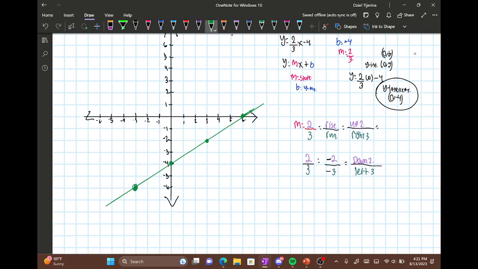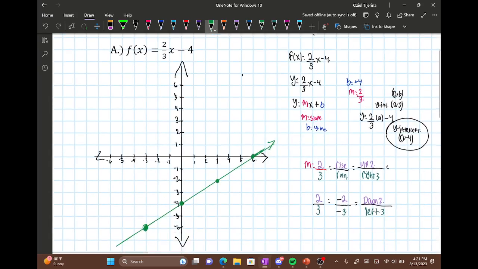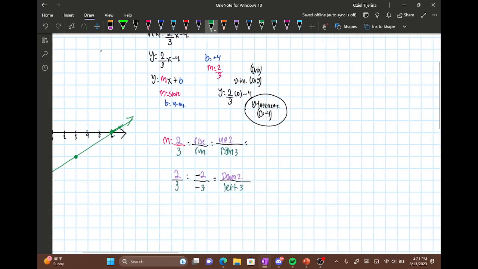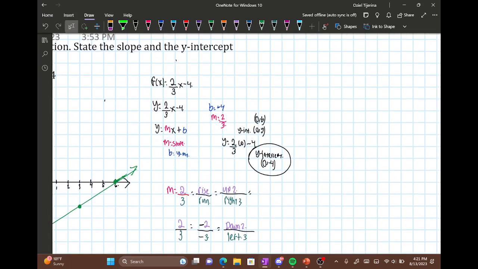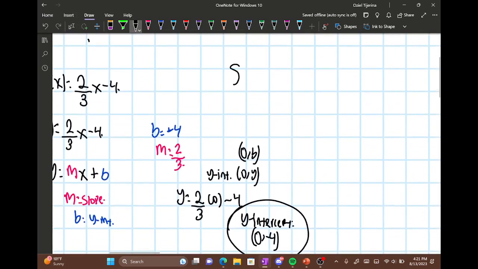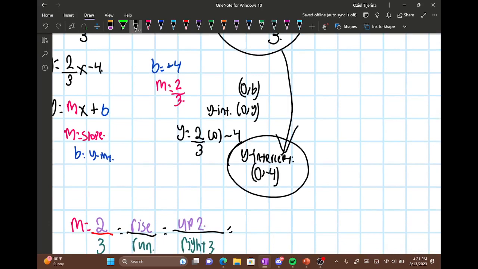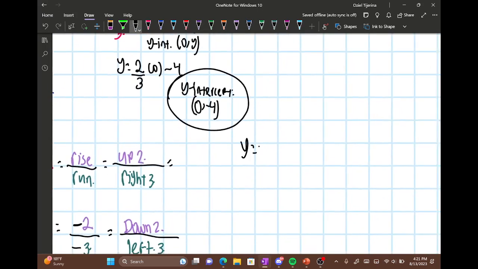And we're going to state our slope and our y-intercept. Our slope in this equation was 2/3. My y-intercept is right here. It was 0, -4. Some people say y equals -4 for the y-intercept. It's the same thing, but that is how you do that one.